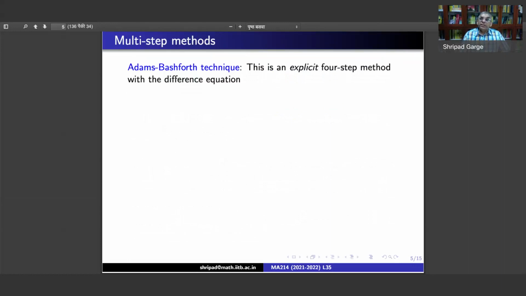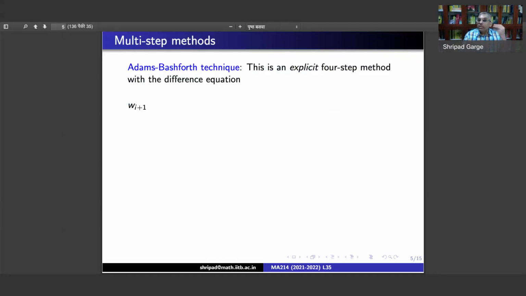The first one is an explicit method. This is an explicit 4-step method, by the mathematicians Adams and Bashforth. They devised this method, and it gives w_{i+1} explicitly in 4 steps. So you will have w_{i-1}, w_{i-2}, and w_{i-3}.